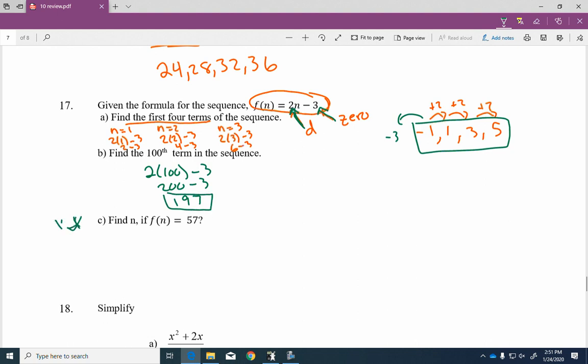This one I want you to be careful of, read it properly. They want me to find n when f of n is 57. So they're telling me that something is 57, and I have to find what that n is. So it's an equation to solve.